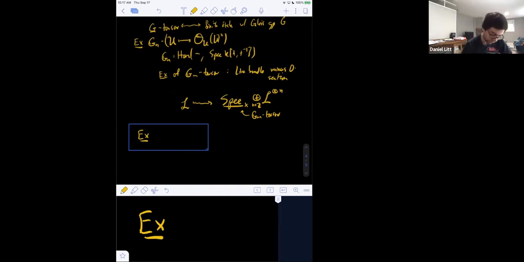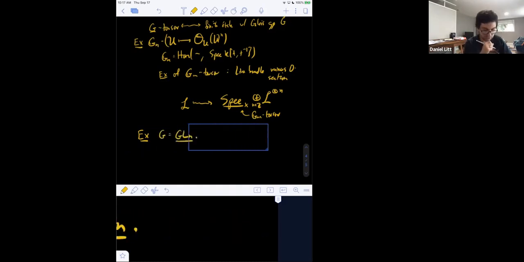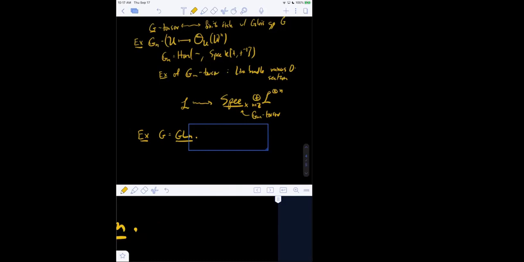Great. So what if G is GL_n? Can anyone describe GL_n-torsors for me? This is going to come from vector bundles again. Yeah.